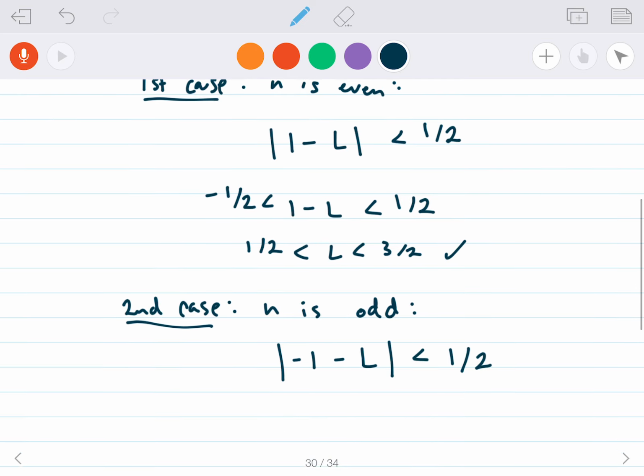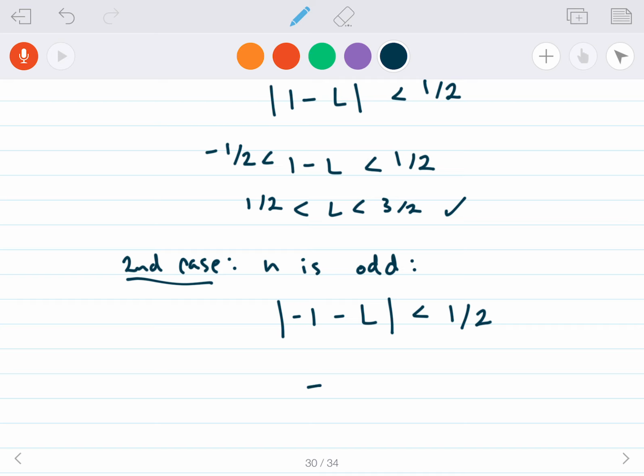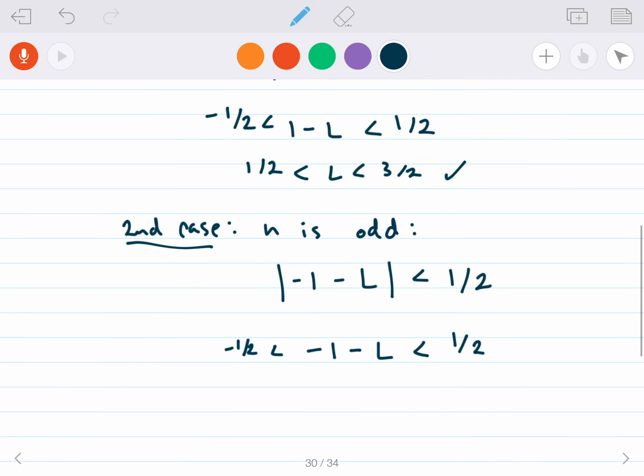Doing the same sort of thing, taking this out of the absolute value bars, I get -1 - L is between -a half and a half. And this time, when I isolate L in the middle, I get that L is between -3/2 and -a half.